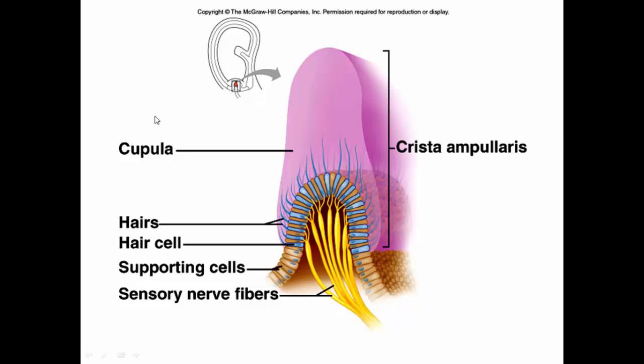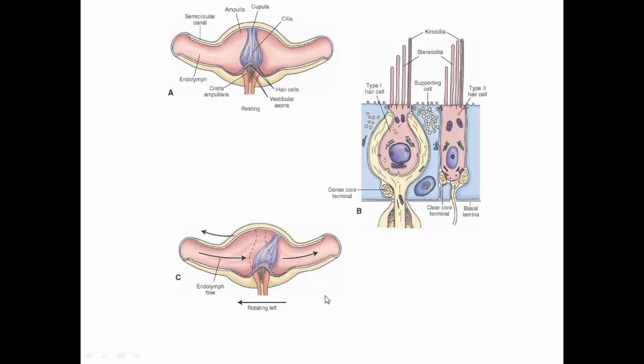So you can see this is the cupola. The whole thing all together is the crista ampullaris. You can see the hairs from the hair cell extending up in there. And you see some other supporting cells as well. And this is really what it looks like. You see this endolymph in here. Remember, if you're just sitting upright, endolymph, it's happy, it's just hanging out. And then all of a sudden, you rotate left.